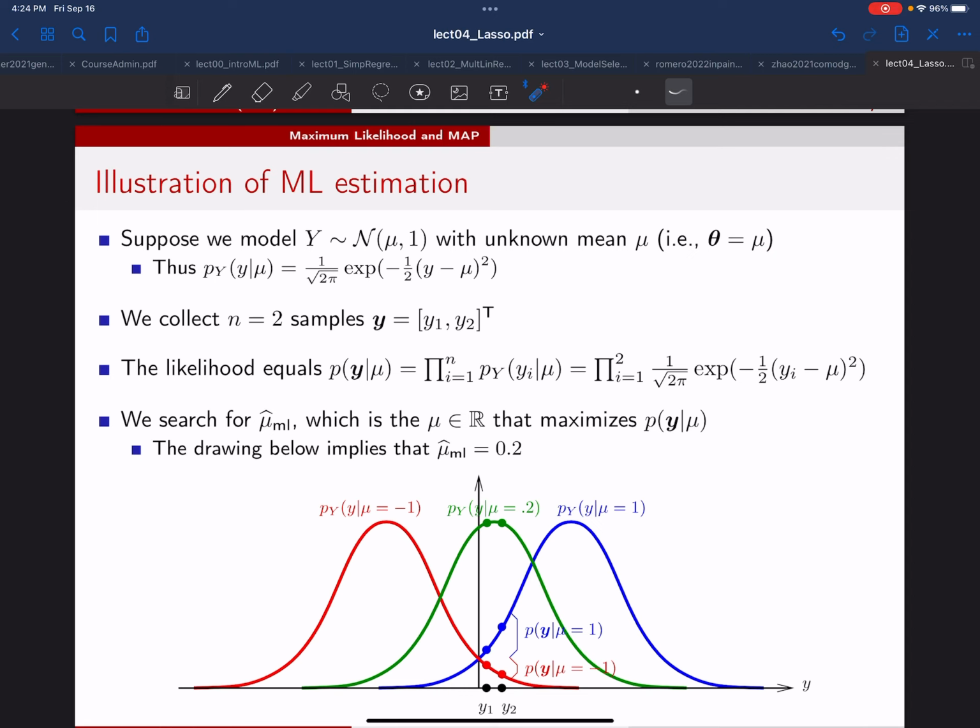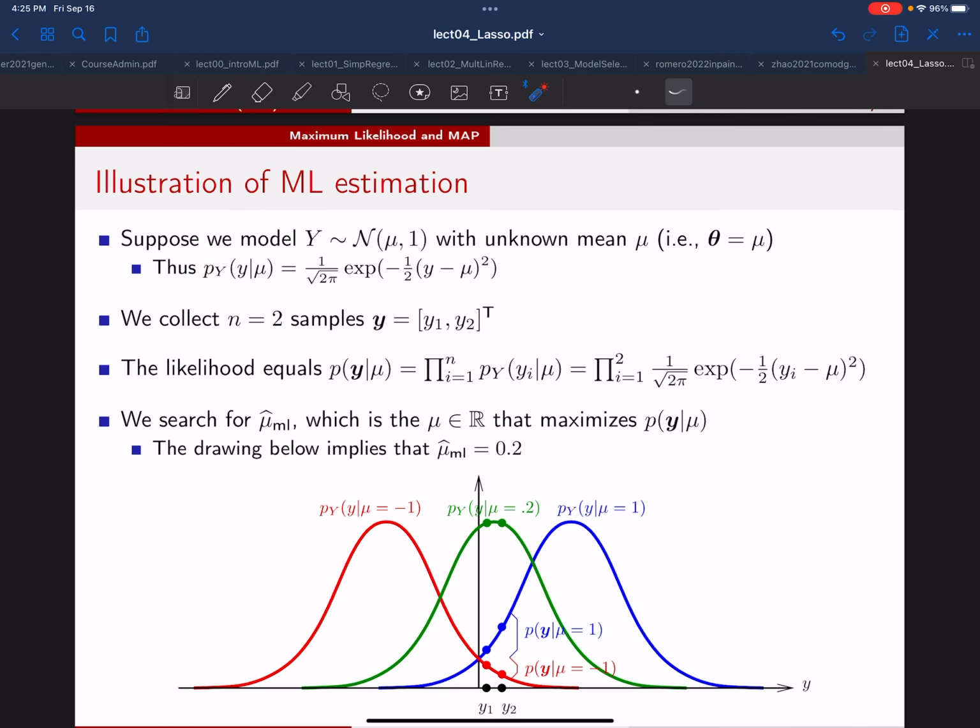And what we have observed are two samples of that random variable Y. Let's call them little y1, little y2. So those are our two data points. This is the model. This is just Gaussian with mean mu and variance 1. Usually the variance would be multiplying this 2, but as you see, it's just 2 times 1, so that's the variance 1. This is our Gaussian PDF.